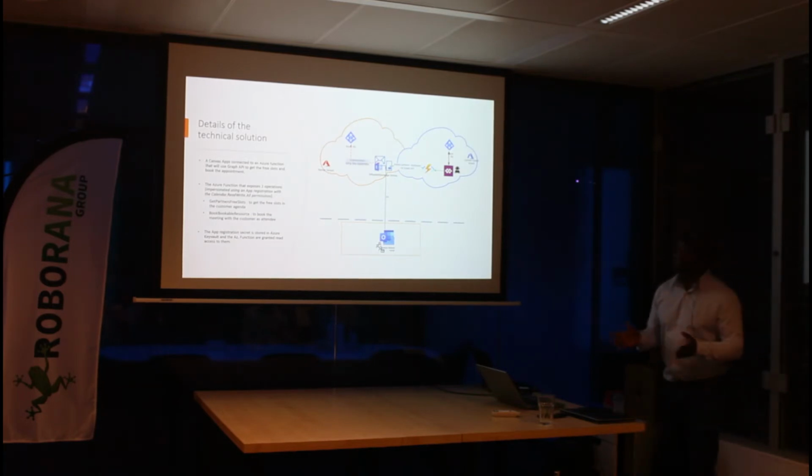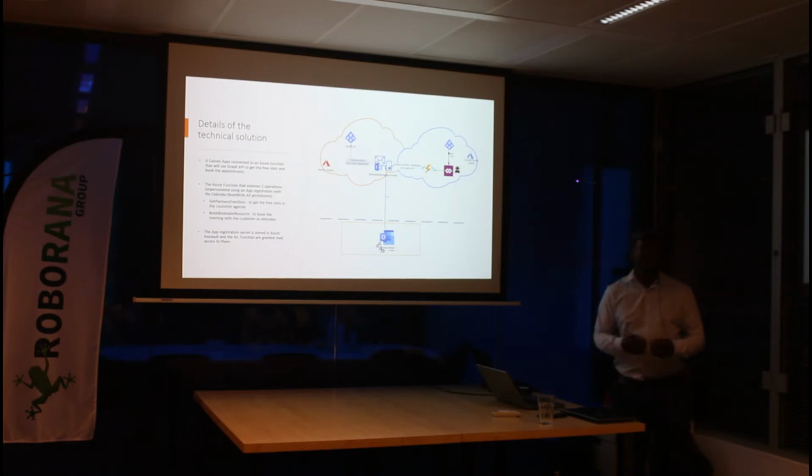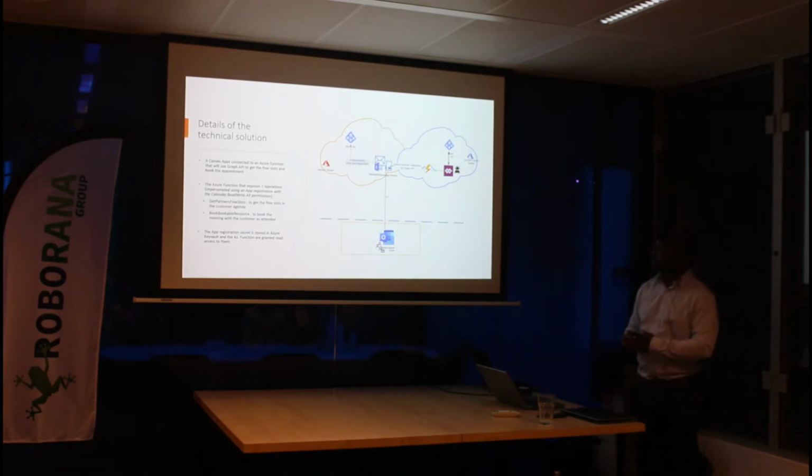But it is sometimes limited because Microsoft is still moving some functions from the old API, I would say Exchange API, Office API, into that platform. So we will use an Azure function.